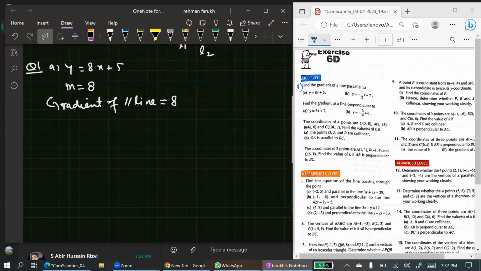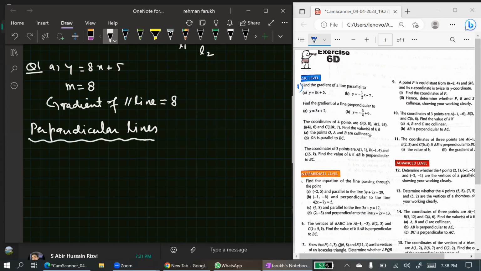Now we will discuss the perpendicular lines. Can you see that these two lines L1 and L2 are parallel?